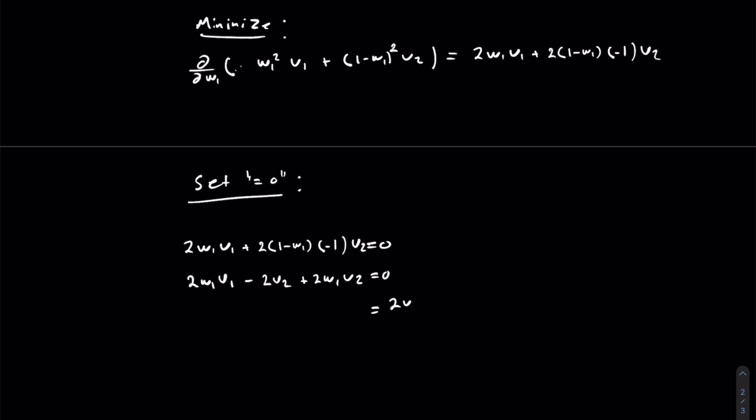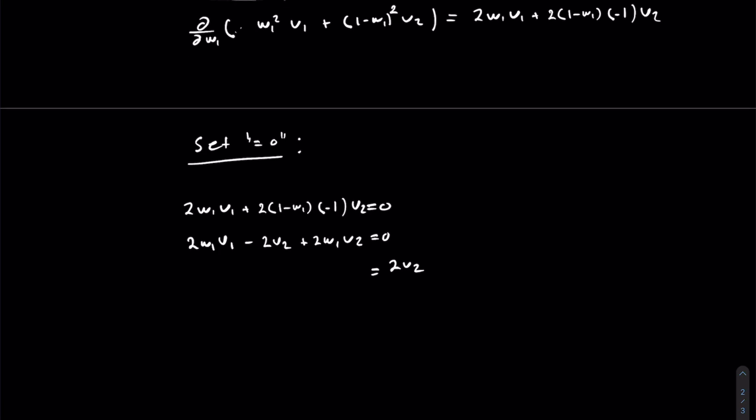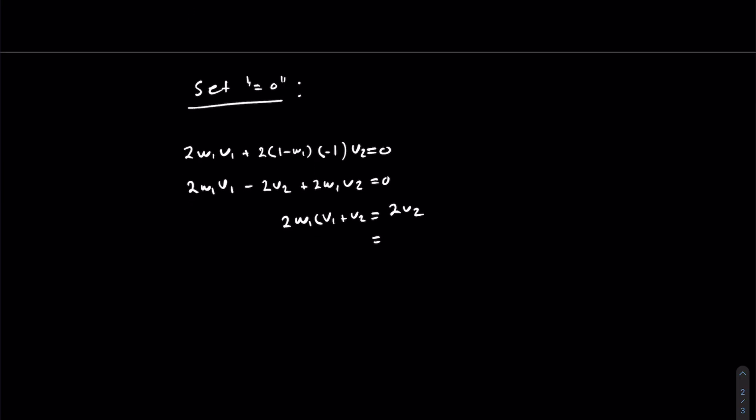Now kick the 2 and the variance to the right hand side, and left we are with the W1. We factorize it out, and we put the 2 here, and then we have the variance of 1 and the variance of 2. We delete the 2's, and left we are with the weight of 1 equaling the variance of 2 over the sum of the variances.